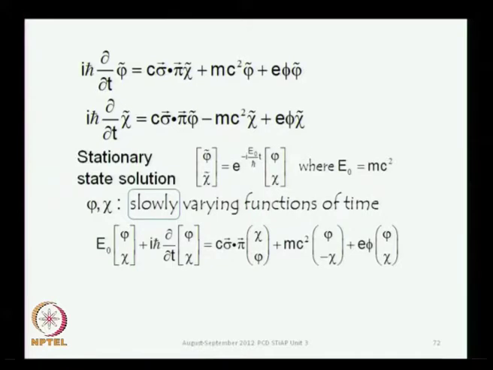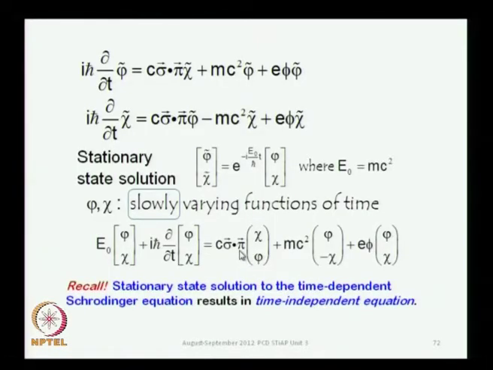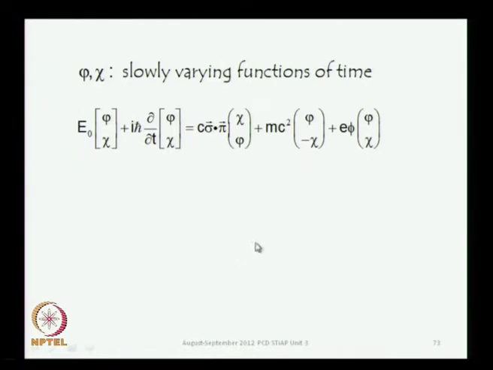Good. So, now phi and chi both have a time dependence, it is not that the time dependence is totally eliminated, but these are weakly time dependent. And we will now examine the solutions of these two equations. So, let us do that now.